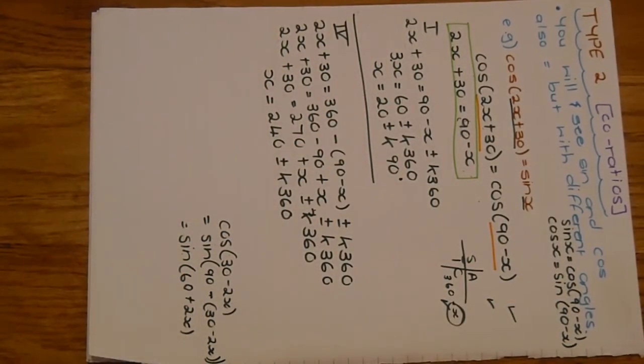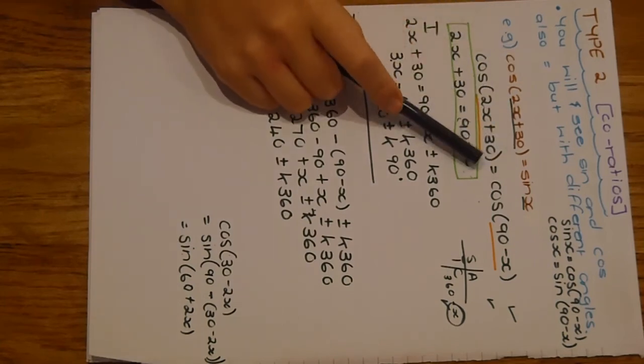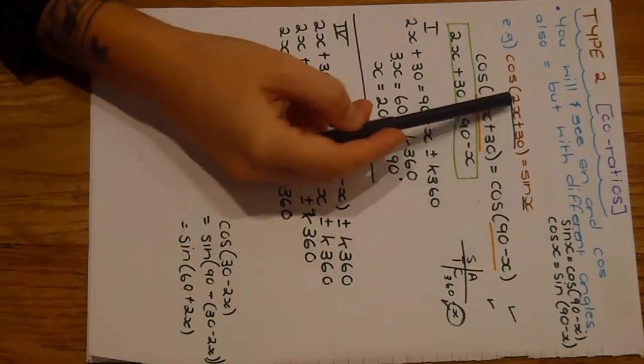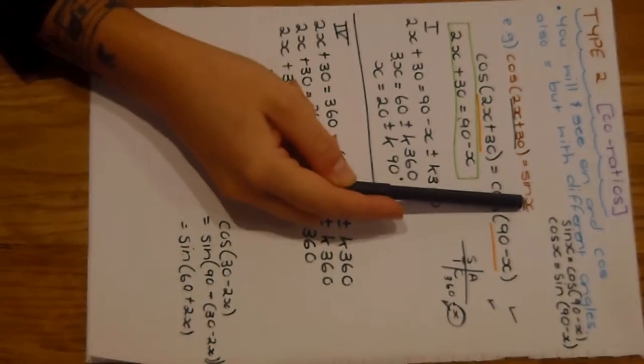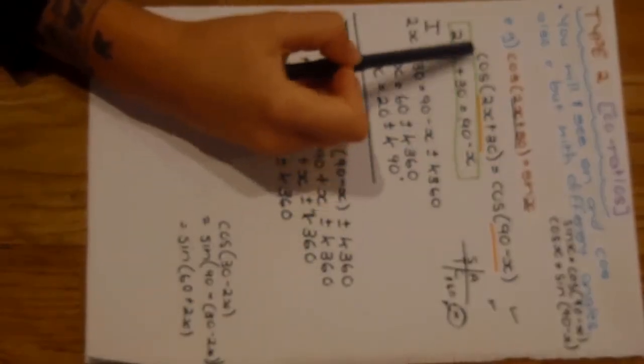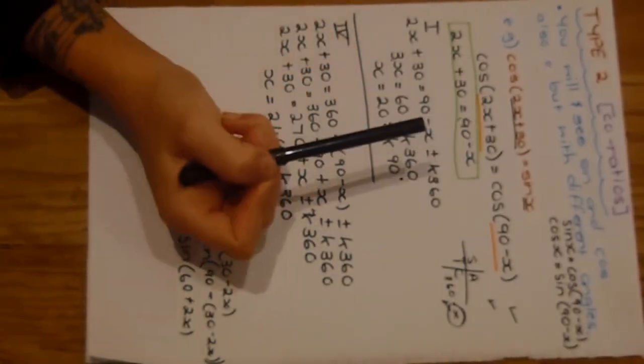Okay, so just to go through it one more time, you are looking for sine and cos, but with different angles. Once you see that there are different angles and they're equal to each other, you're going to use co-ratios. So you'll take one of them. You can change the cos to sine, or you can change the sine to cos. You say 90 minus. Once they are the same, you can drop the ratios and just make the angles equal to each other.